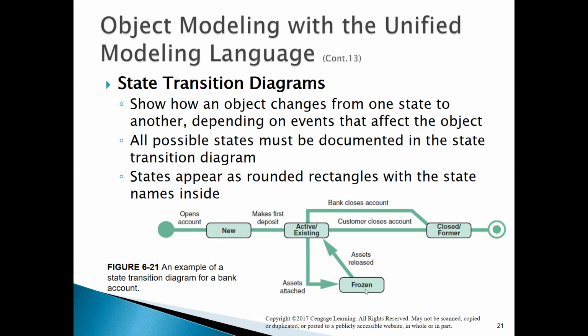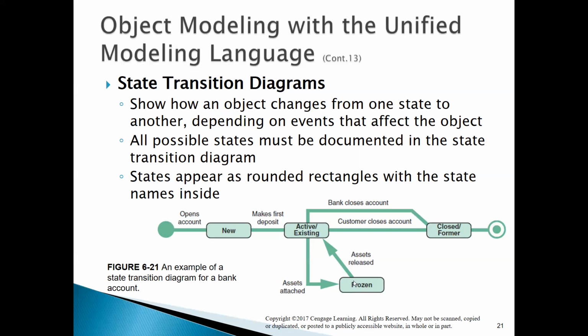Moreover, if your account is frozen, your state changes from active to frozen. Let's say you go back to the bank again and reactivate your account, so from the frozen state, it has changed to existing.